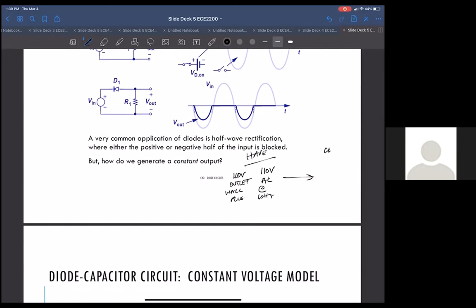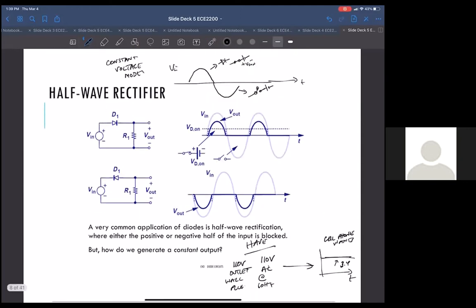So a cell phone wants something like that. With time, it doesn't want any change, and it wants it to be, I don't know, 3.4 volts or 2.4 volts or whatever it is. Okay, so we want it to be constant. So this is a good start, but we got to figure out, instead of this, we want to get a constant voltage with time. So how do we do that?